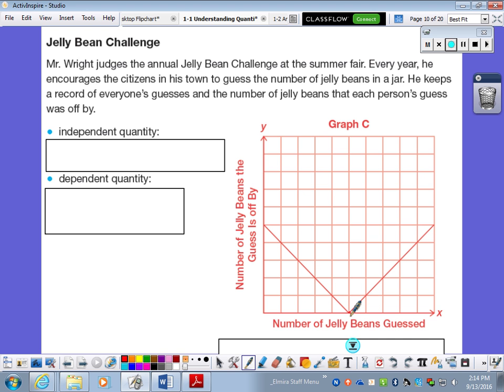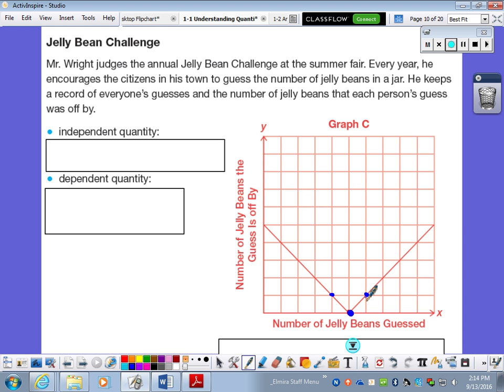So if the person is not off at all, in other words, this point down here, and I'm going to switch colors so it stands out a little better, this dot right here would represent guessing the exact amount. Now, I'll assume that this dot right here means one less, and this dot here means one more. They're off by one.